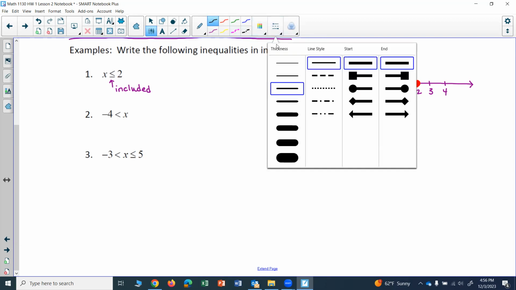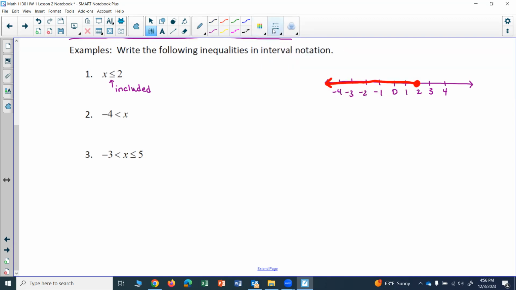And then if I wanted to translate that to my interval notation, then what I would do is look for a lower bound. There's no lower bound here, so I'm going to do negative infinity. And infinity or negative infinity always uses a parenthesis. So this indicated that there was no lower bound. And then I do a comma, and then 2 is my upper bound.